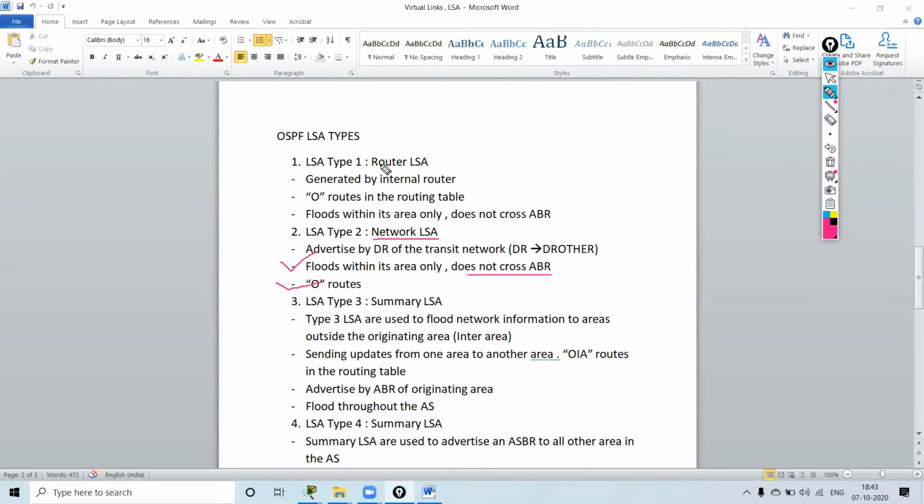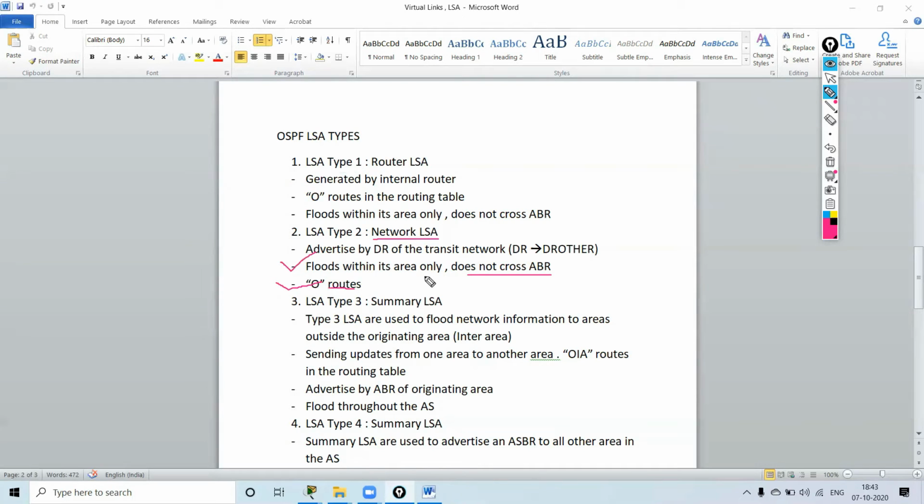Router LSA and network LSA are somewhat the same, but LSA type 2 is used in broadcast networks. Network LSAs are present in the broadcast network. Broadcast network uses LSA 2. O routes are LSA 2 routes.